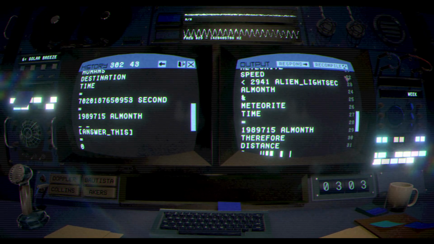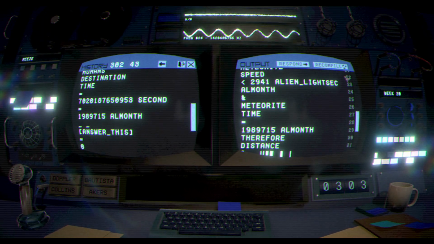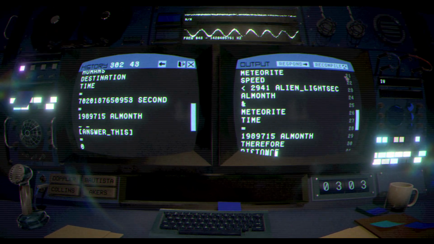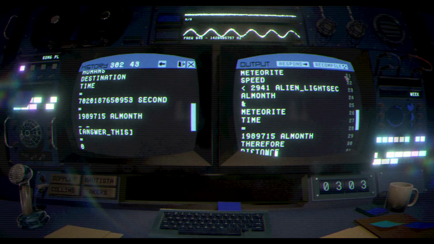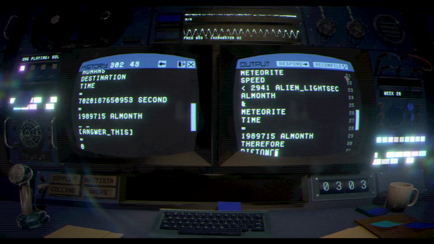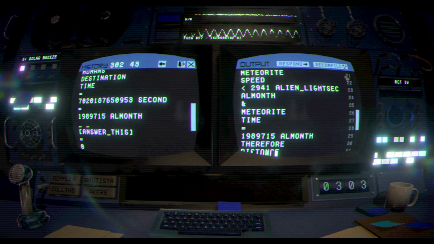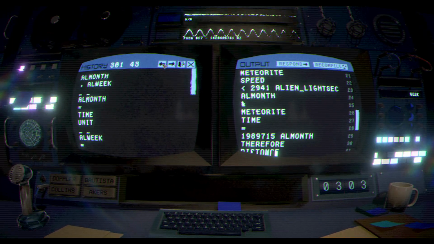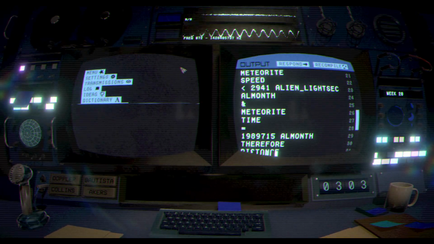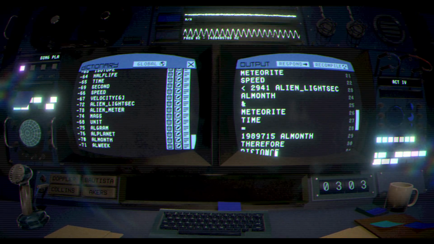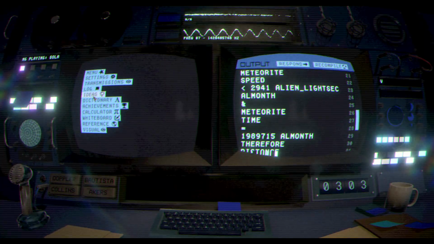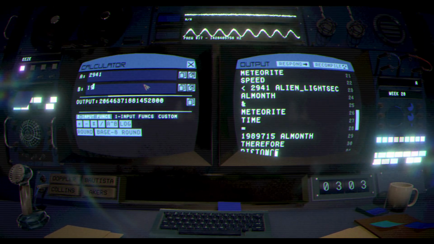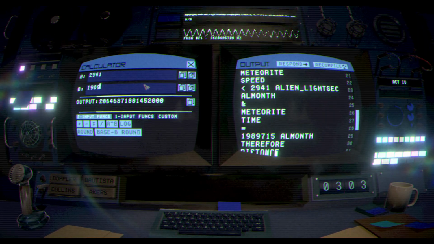So the all months actually cancel each other out. So we just need to know how many all months we were traveling, which we do, because it was 1,989,715. And because those cancel out, we can just do the smaller unit.